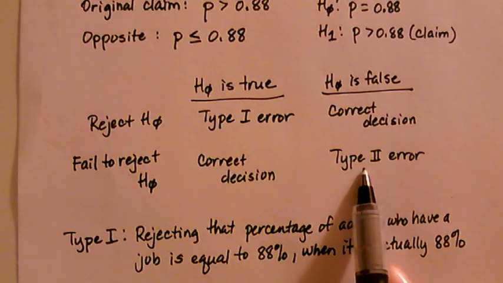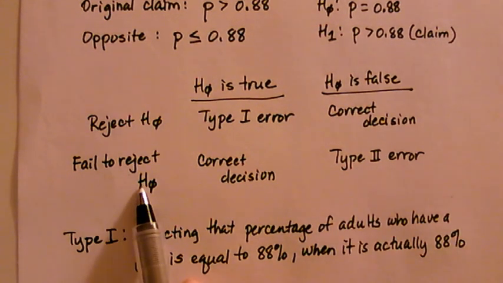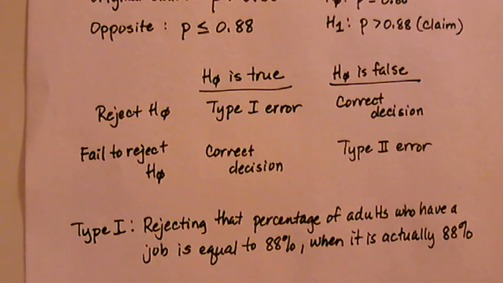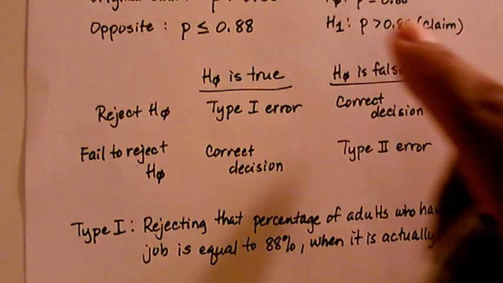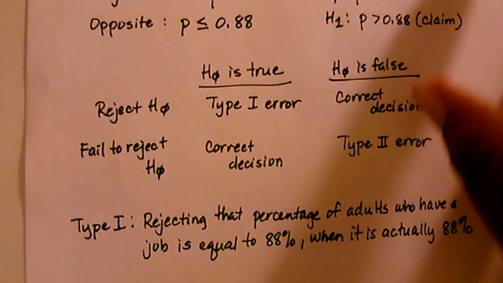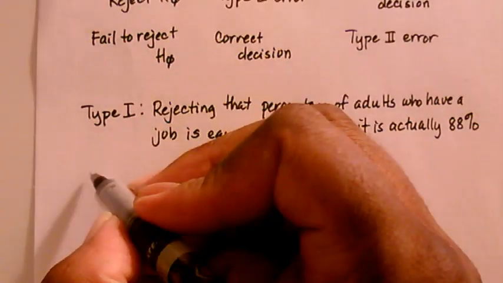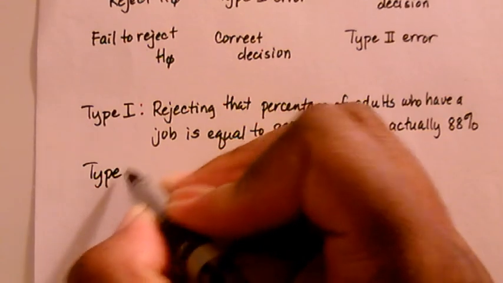Now for the type 2 error, we're failing to reject the fact that the percentage of adults who have a job is equal to 88% when it is actually, in this case, the alternative, greater than 88%. So here's our type 2 error in a statement.